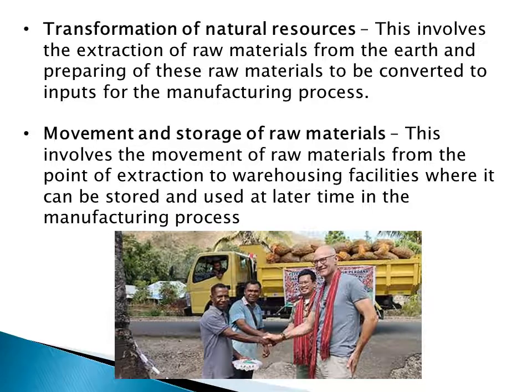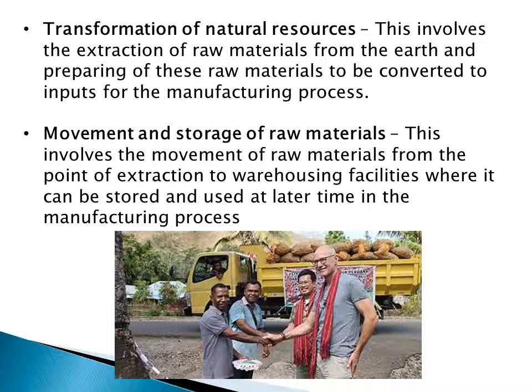So transformation of the natural resources, this involves the extraction process, right? As we said when we looked at the different types of production. So the extraction process would be getting the raw materials in its raw state. And then you have to move those raw materials from one point to the next, right?